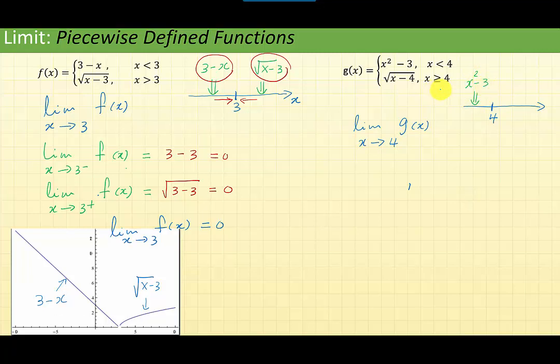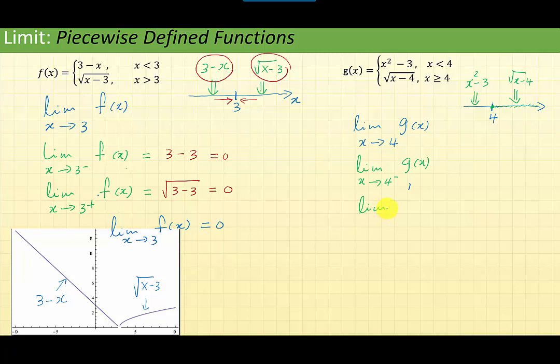When x is greater than or equal to 4, meaning at 4 and above 4, the function is the square root of x minus 4. Now again, 4 separates these two functions, meaning we need to find the left limit and the right limit.